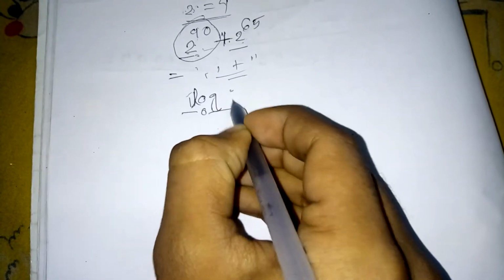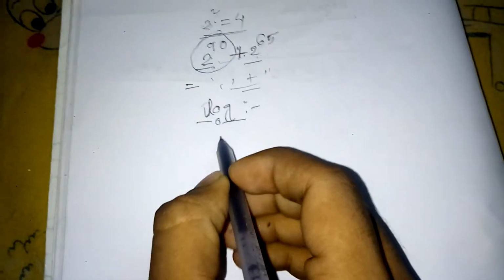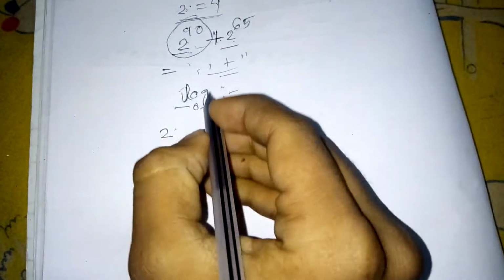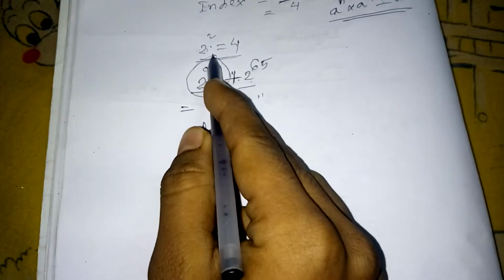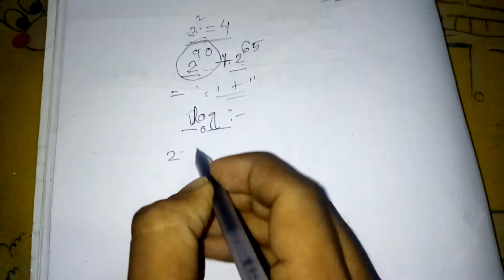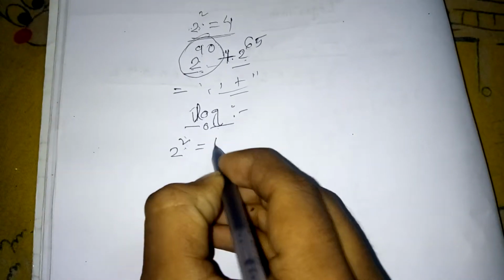So log. How to use log? First of all, we have written over there 2 square equal to 4.